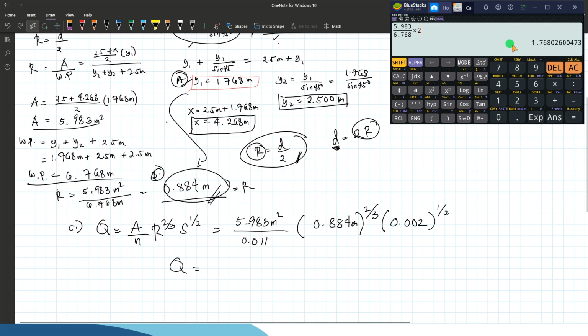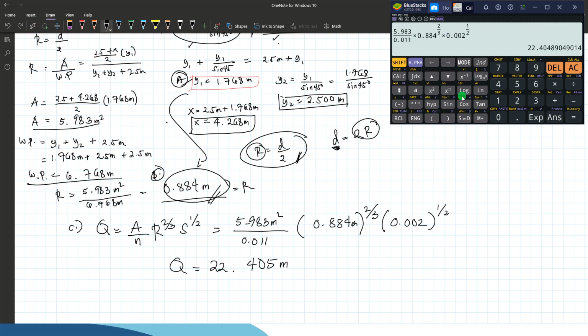So Q is equal to 5.983 over 0.011 times 0.884 raised to 2/3 times 0.002 raised to 1/2. Okay, the answer is 22.405 cubic meters per second.